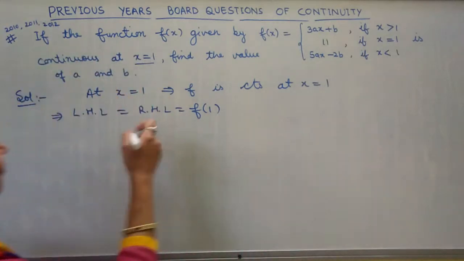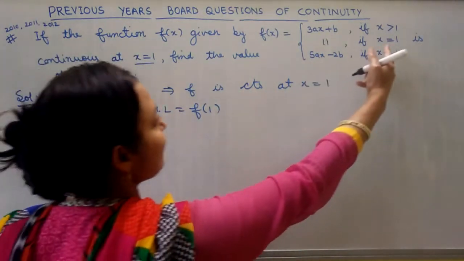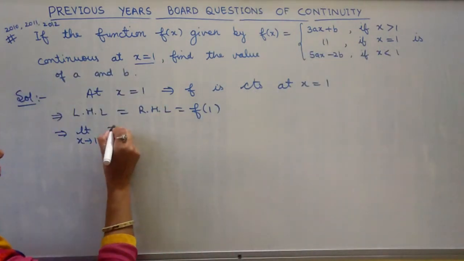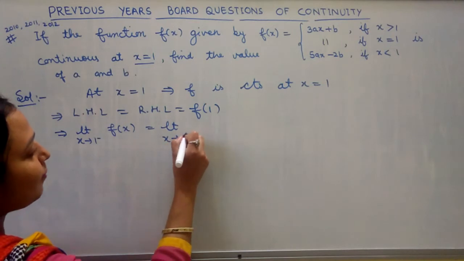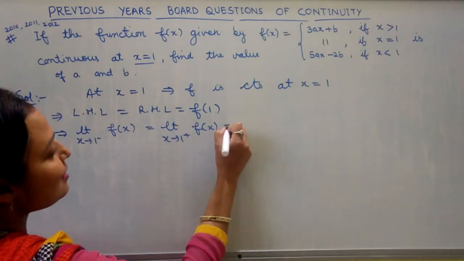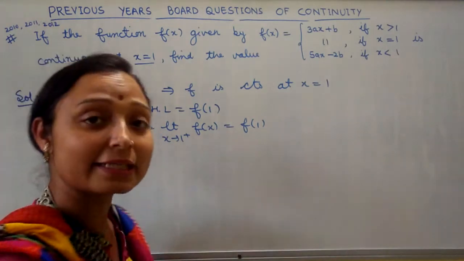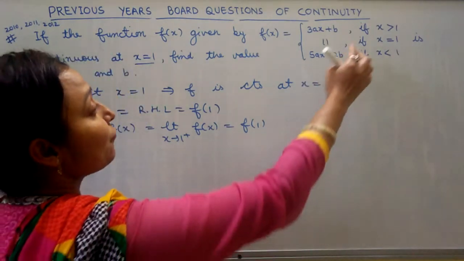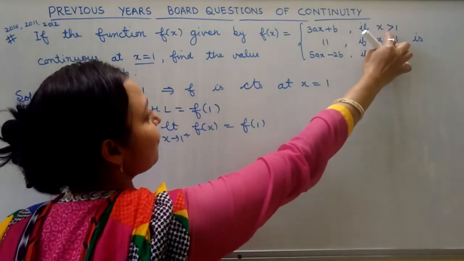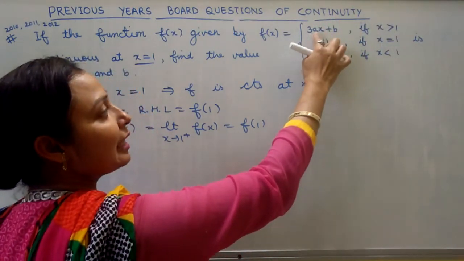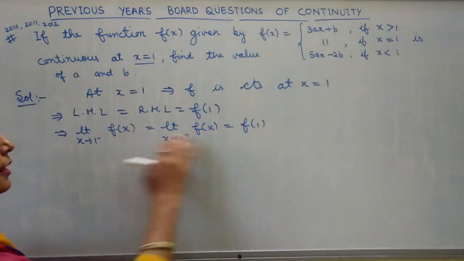So I will write the values: limit x approaches 1 negative f(x) equals limit x approaches 1 positive f(x) equals f(1). Now this is the time to take the less than and greater than limits. For less than we have 5ax - 2b, and for greater than we have 3ax + b. I will take these two values and put them in their places.